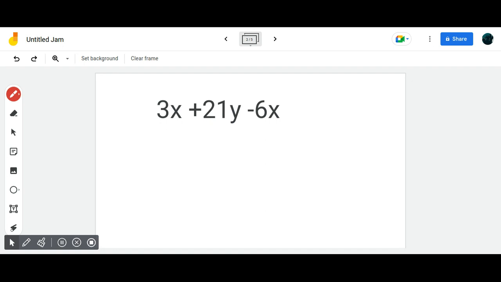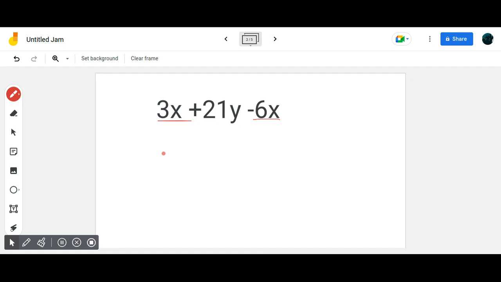But if it's a case where we are multiplying them, then we can go ahead and multiply unlike and like terms. Now, in this expression, we can identify that there are actually some like terms present. We have 3x and we have negative 6x, and they are like terms because x is common to both.